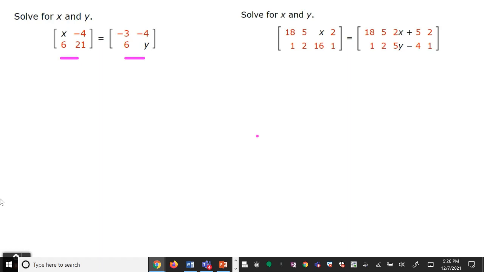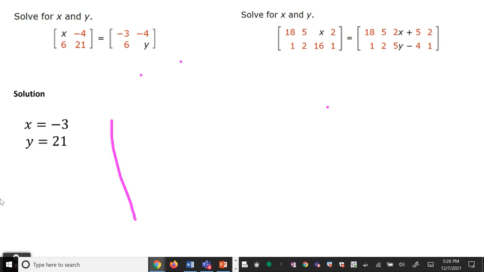Okay, so if I have an x in the first position, and in the second matrix we have a negative 3, so the x has to be a negative 3 in order for them to be equal.